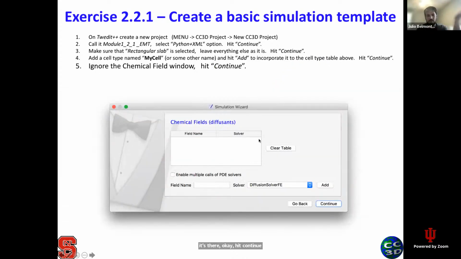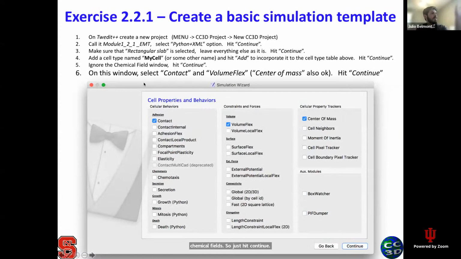Then it's going to be the chemical fields. We don't want any chemical fields, so just hit continue. We will talk about chemical fields tomorrow. Okay, and here in the cell properties and behaviors, the only things that you want are contact and volume flex. Those are the only two cell properties and behaviors that you want to add in the simulation.